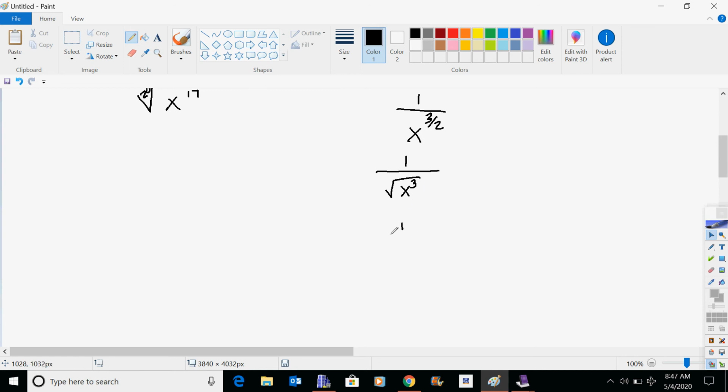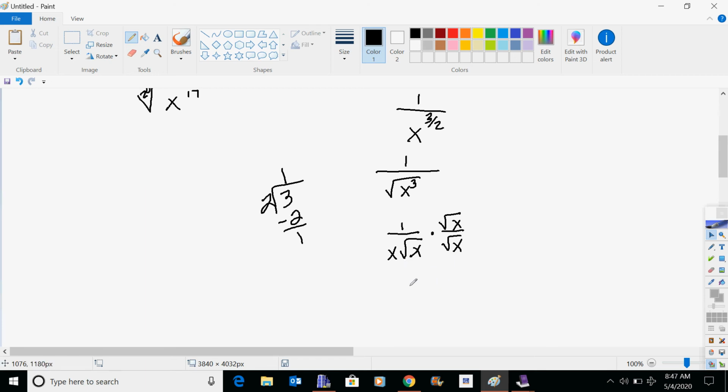So when I simplify this one, it's x times the square root of x, because 3 divided by 2 gives you 1 outside with a leftover 1 inside. But then you can't have a radical in the denominator at the end, so I have to do this, which is fun.